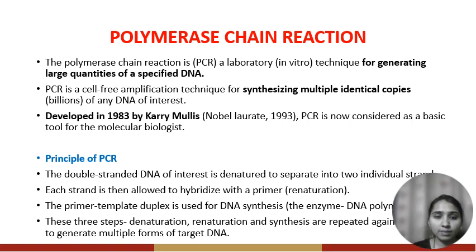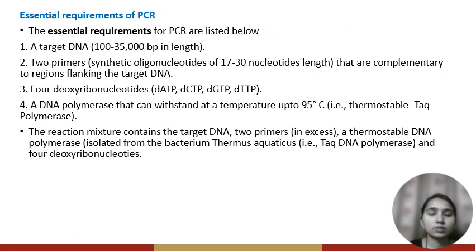In the second step, each strand is then allowed to hybridize with a primer, that is called the renaturation or annealing process, and then the primer duplex is formed for DNA synthesis with the help of the enzyme DNA polymerase. So these three steps, denaturation, renaturation and synthesis, are repeated again and again to generate multiple copies of the DNA.